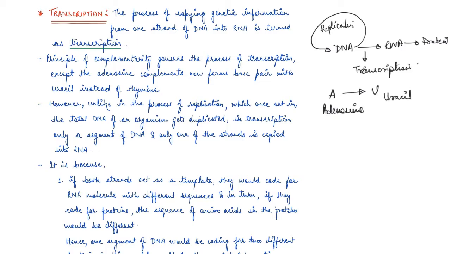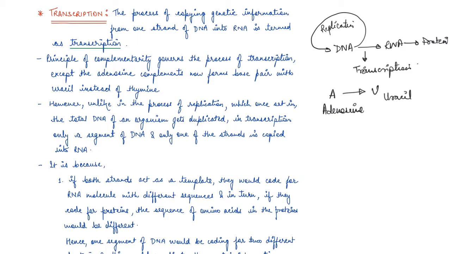Now, why would both the strands not be copied? It is because if both strands act as a template, they would code for RNA molecules with different sequences. And if they code for proteins, the sequence of amino acids in the proteins would be different.